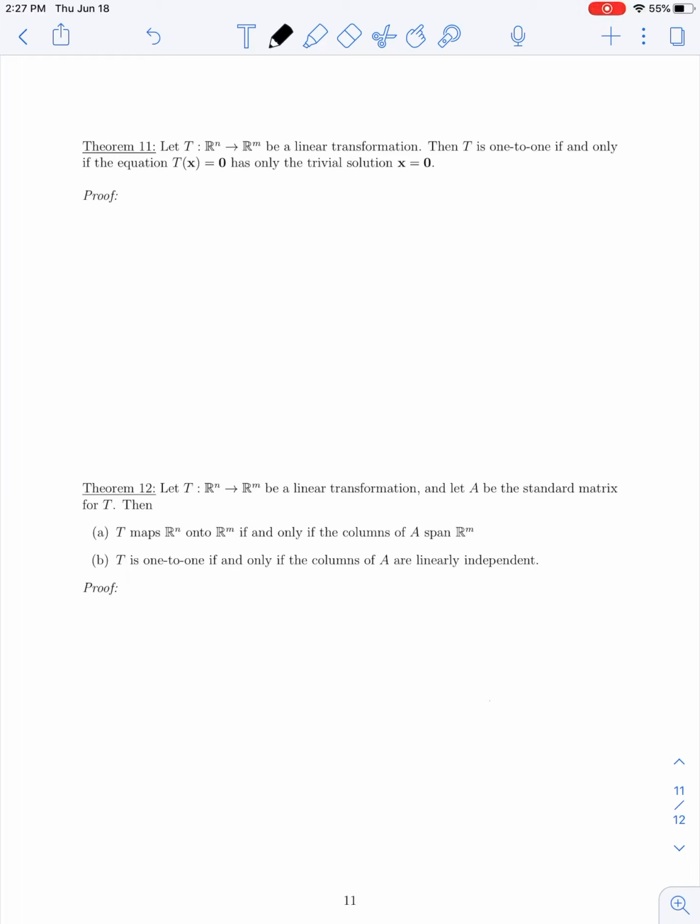So we're often interested in determining whether a given mapping is one-to-one or onto, because these types of mappings have some nice properties. So we have the following two theorems, which will allow us to determine whether a mapping is one-to-one or onto.